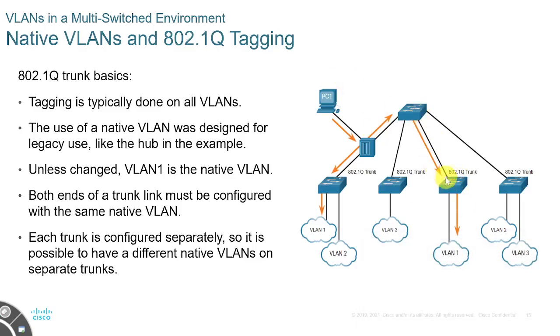Both ports should be configured with the same native VLAN: native 10, native 10, native 50, native 50. Each trunk, here or there, is configured separately, so it's possible to have different native VLANs on separate trunks. We can have native VLAN 1, native VLAN 10, because it depends on the interfaces on the trunk link.